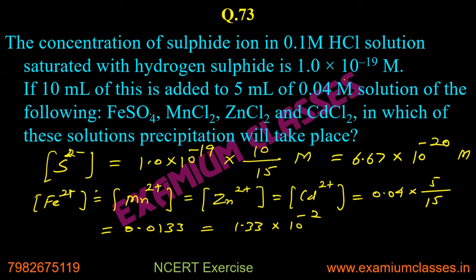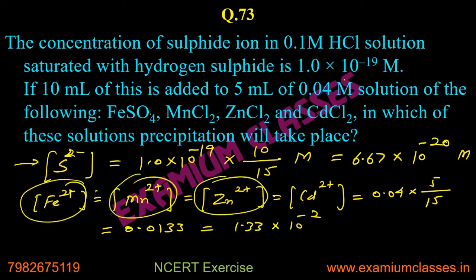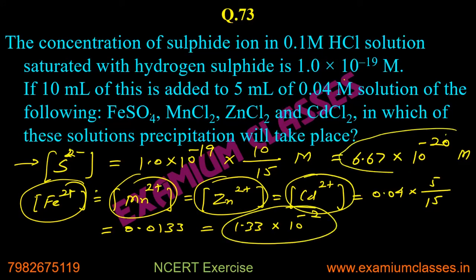So we got concentration of sulfide ion and we got concentration of all these individually, we will be using to calculate their ionic products, which is same as 1.33 into 10 power minus 2. Sulfide ion concentration we have got 6.67 into 10 to the power minus 20.